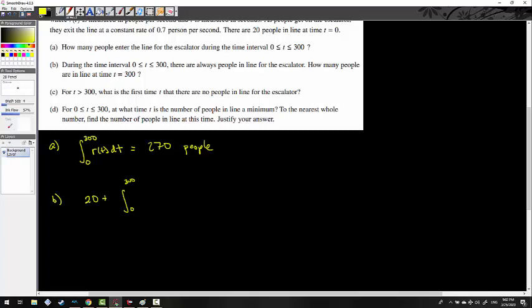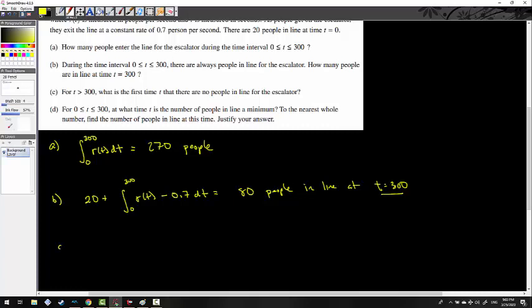So that's just going to be simply r of t, but then it's going to be minus 0.7, and that's all going to be dt. And after integrating all of that, that'll turn out to be 80 people. There are 80 people in line at t equals 300.